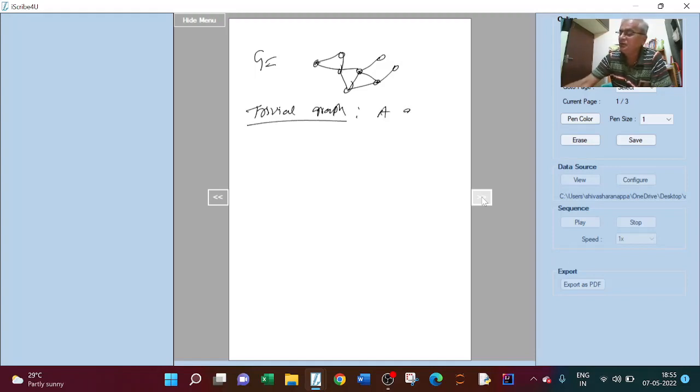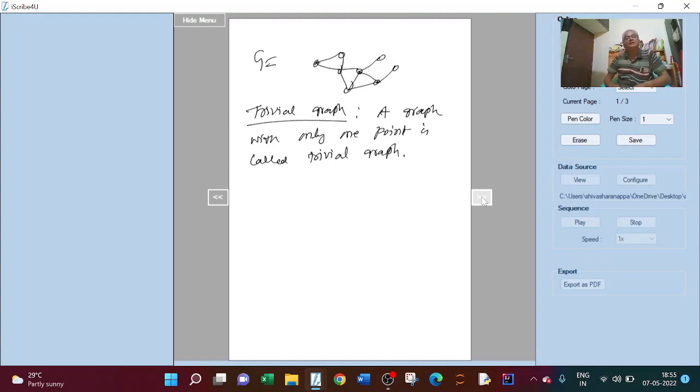A graph with only one point, or one vertex, is called a trivial graph, and consequently there will not be any edges. Trivial graph is just a point, no edges are there. So the edge set is empty and the vertex set consists of only one vertex. This is known as a trivial graph.